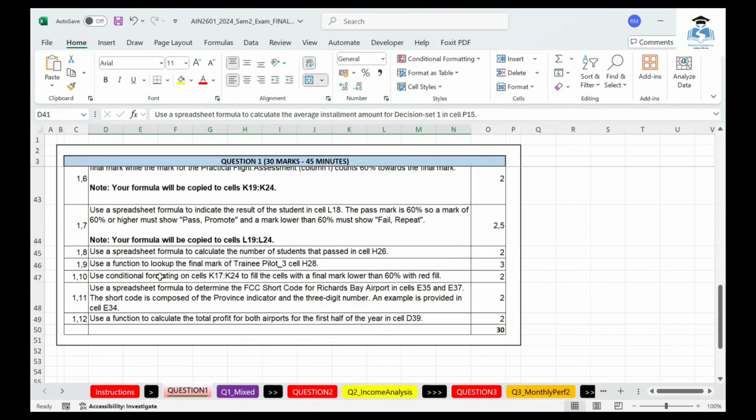Then use a function to look up the final mark of trainee pilot 3 in cell H28.